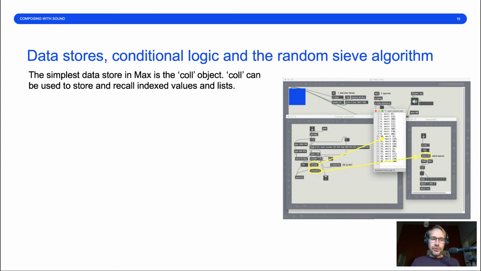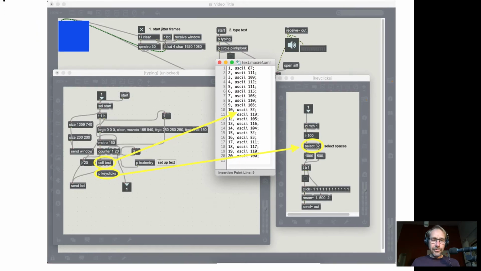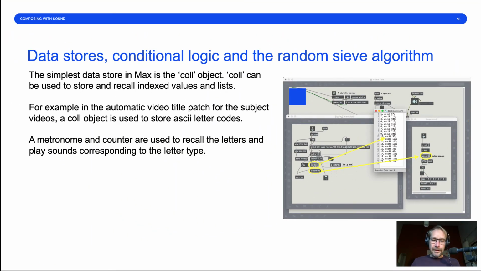A coll can be used to store and recall indexed values and lists. And so you can see there's a coll object there called text, which contains values that represent the characters that are typed out on the screen. A metronome and a counter are used to recall the letters and play sounds corresponding to each letter typed.